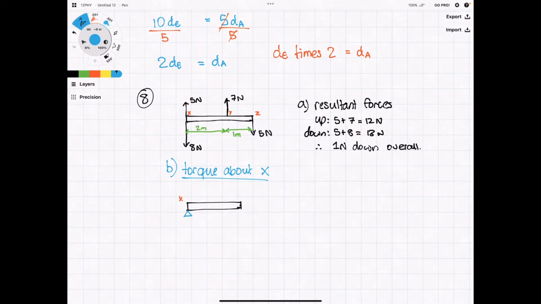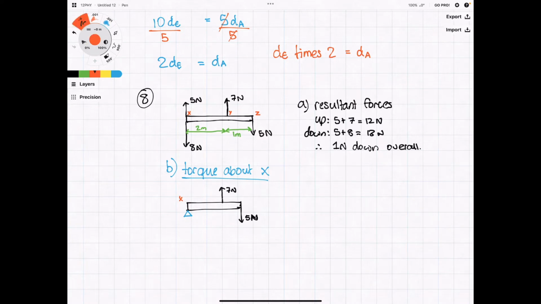So let's label in our forces again. 7 newtons and 5 newtons. Okay, cool. Now, about x.